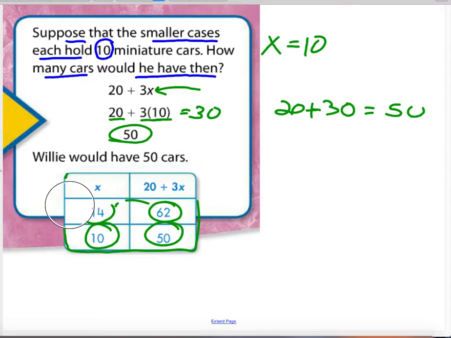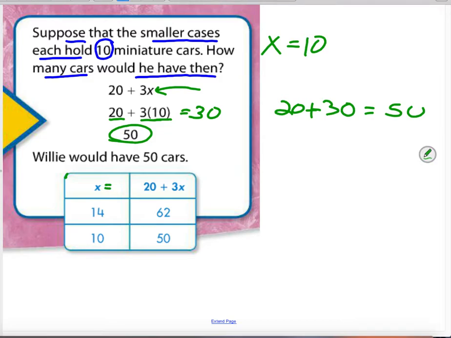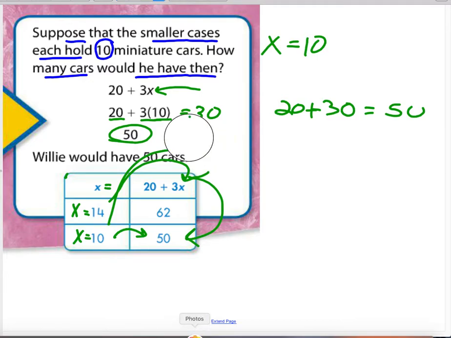And so the table allows you to give x different values. So if x equals 14, then you would plug 14 in here. If you decided that x was going to equal 10, then you would plug 10 in here, and you would get this answer. And that's how these tables work with expressions.